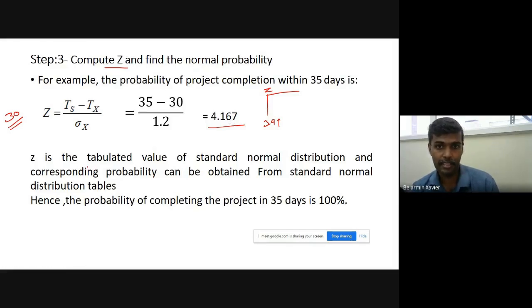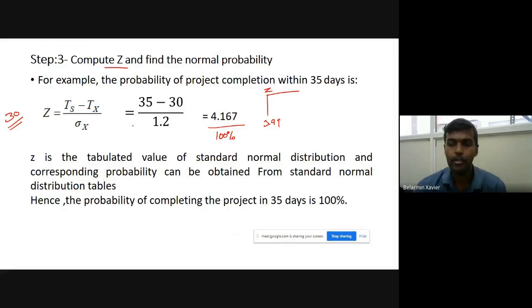So the probability of completion of this particular project in 35 days is 100%. This is a tabulated value of the standard normal distribution, and the corresponding probability can be obtained from the standard normal distribution table. Hence the probability of completing the project in 35 days is 100%.